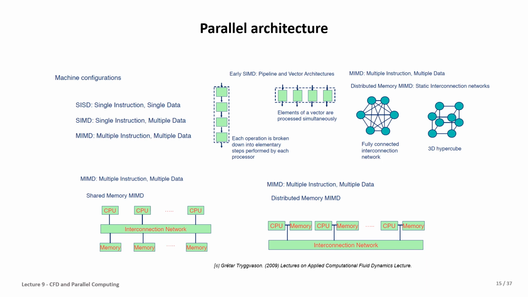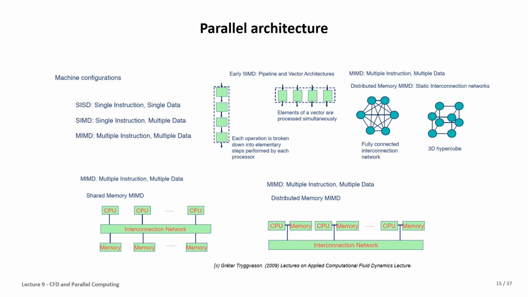And you also saw the pipeline and vector architecture of the SIMD and the other structures. You saw the fully connected interaction network and the 3D hypercube, and how they play differently for the static interconnection networks when we talk about distributed memory.